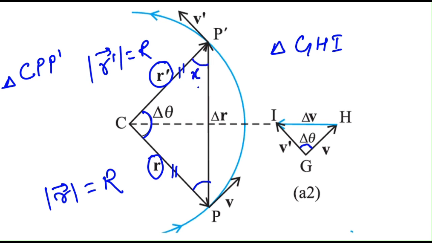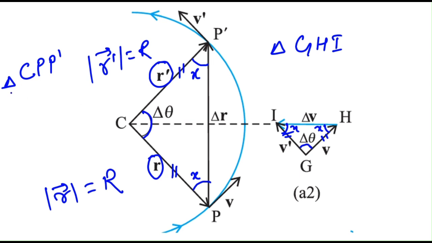Let's say this angle is x, so this angle should be x. And as we have discussed earlier, in uniform circular motion, the magnitude of velocity, that is speed, remains constant. Means the length of these two vectors is equal. Only they differ in their directions, but their magnitude is the same. Speed is the same at each and every point on this circular path. So if this angle is x, this angle should be x.